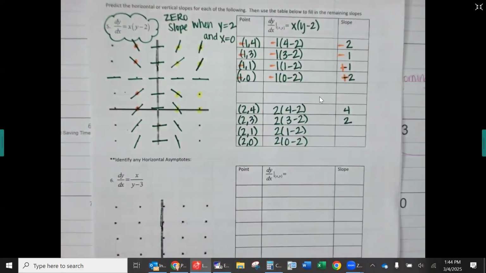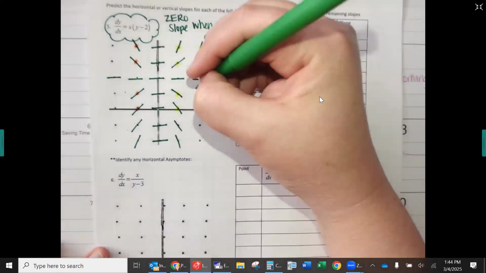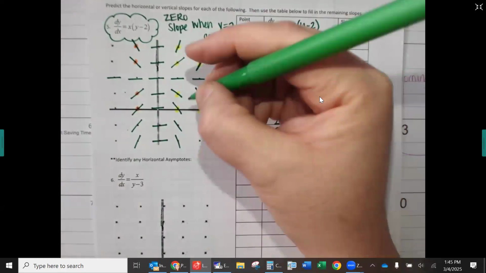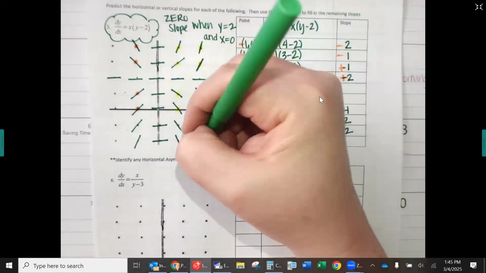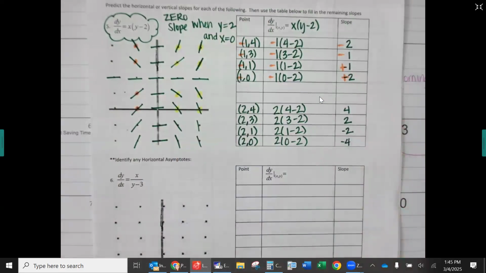Okay, down here, what am I going to get? 1 minus 2 is negative 1 times 2 is negative 2. So I want it to be downhill, a little bit steeper than the diagonal. And then this one would be negative 4, which should be steeper, steeper, steeper. And you're just going to follow the pattern as you go down. Then switch these 2's to negatives, switch your signs here, and fill out your last.